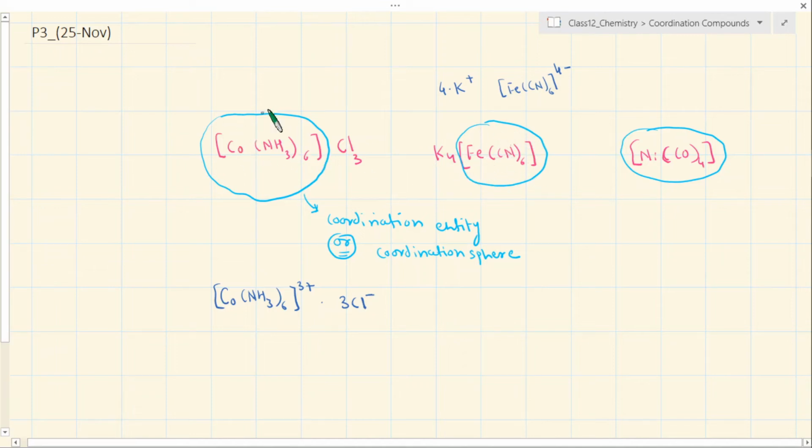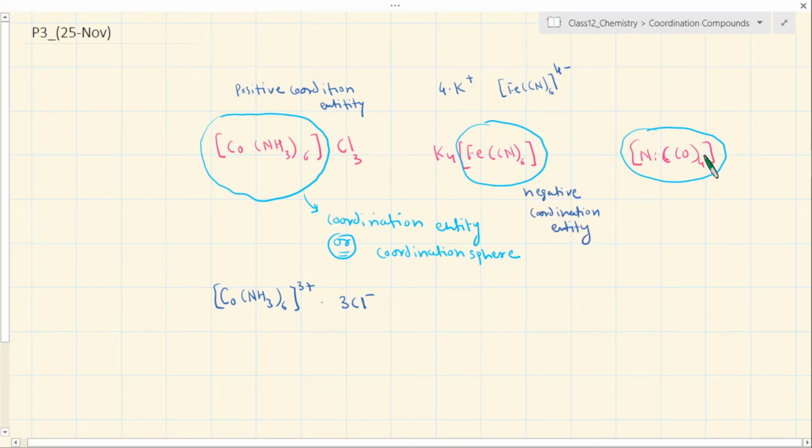So this kind of coordination compounds are referred to as positive coordination entity, and this is a negative coordination entity. This compound is the negative coordination entity.